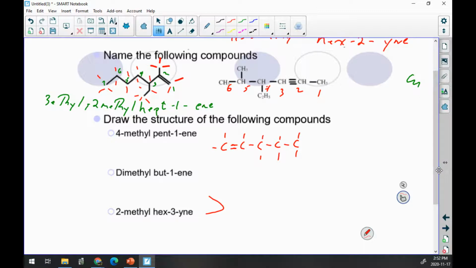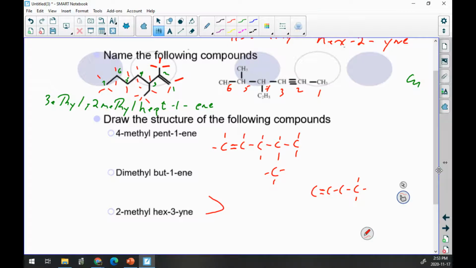And off the fourth carbon, I have one methyl branch. So but-1-ene would look like this.